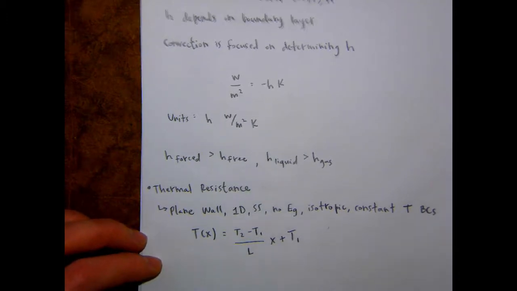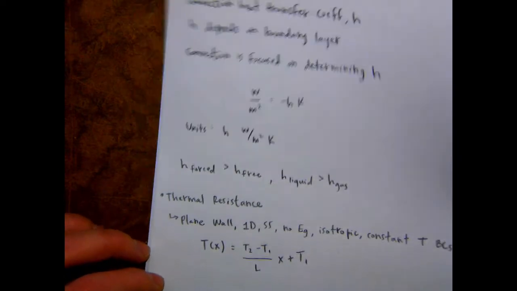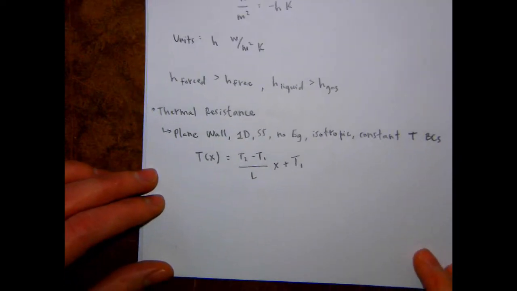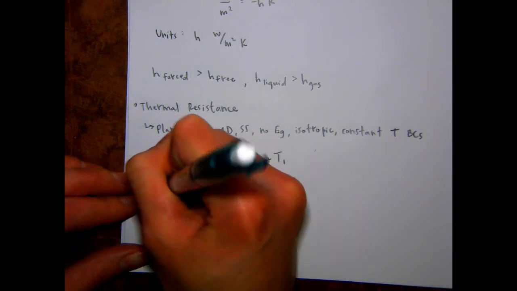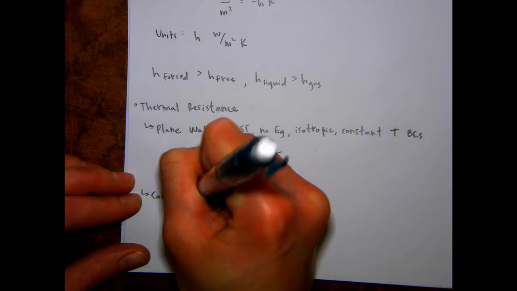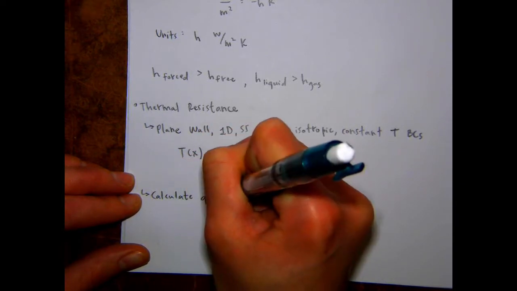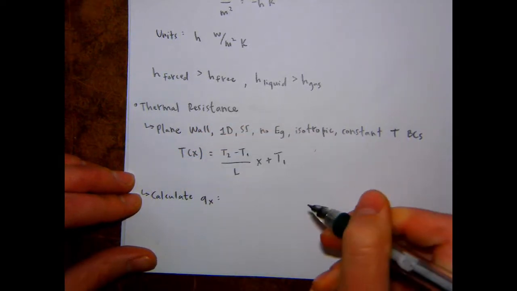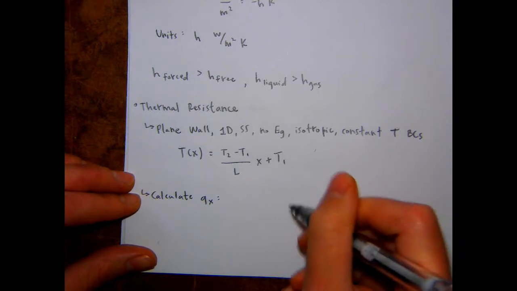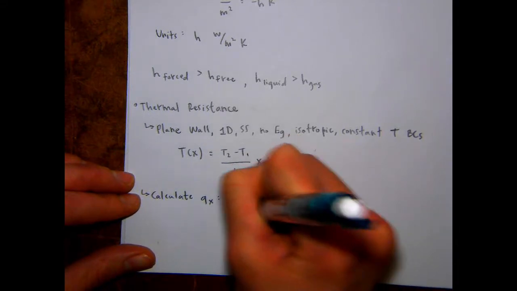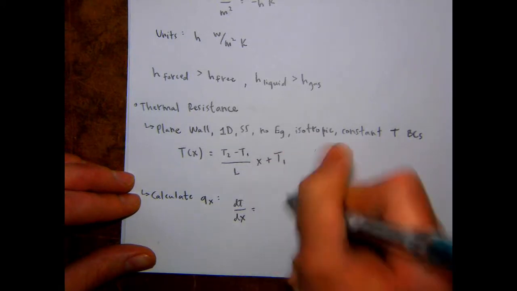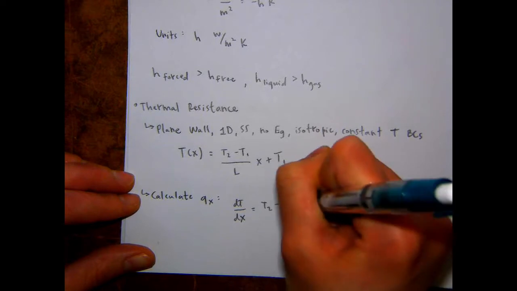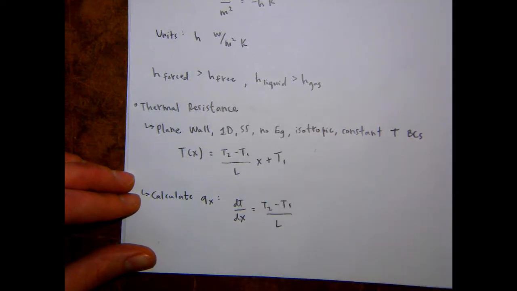So if we want to calculate the heat transfer rate, we can do that using Fourier's law. And we know we need dT over dx for that, right? We have T as a function of x, so we just take the derivative, and we get dT/dx is the difference in temperatures over the length.